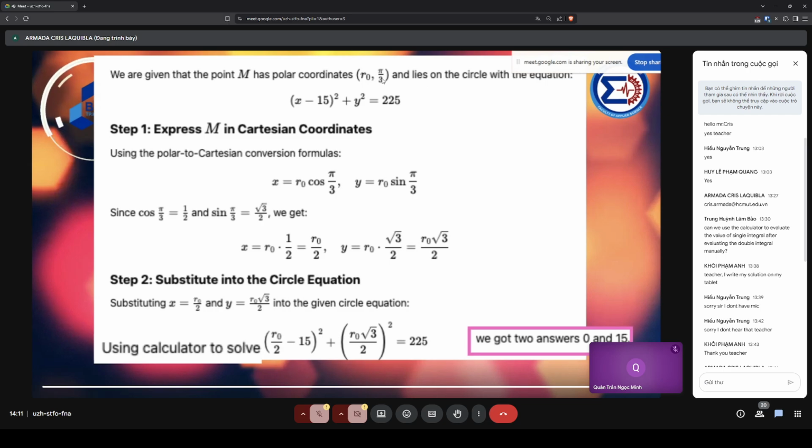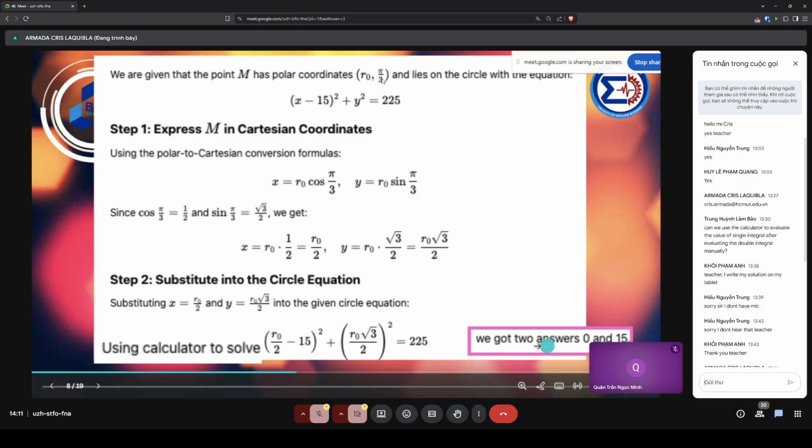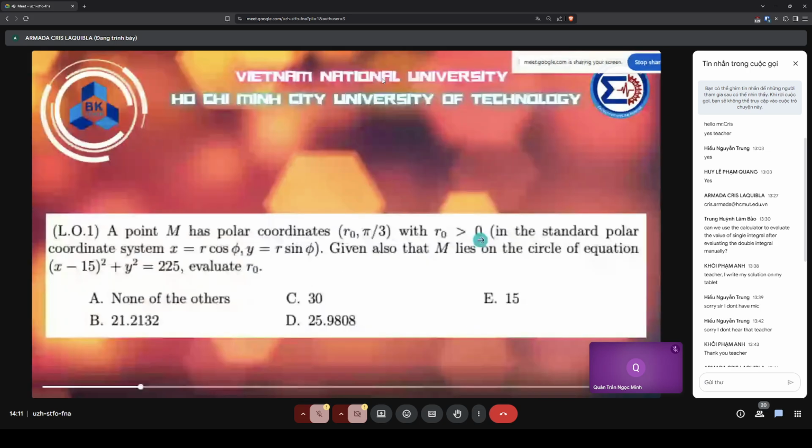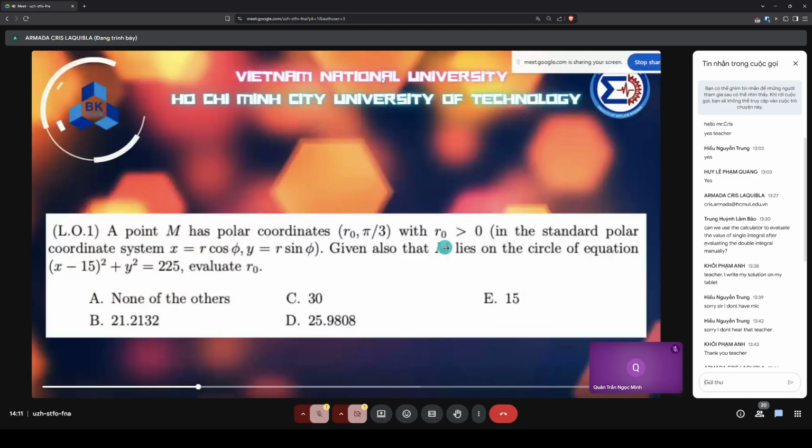What's the answer? The answers are 0 and 15. Is it correct? We got two answers, 0 and 15. Now we go back here in the question. They clearly write here that your r sub o should be greater than 0.